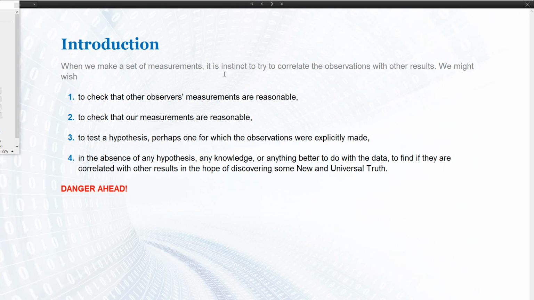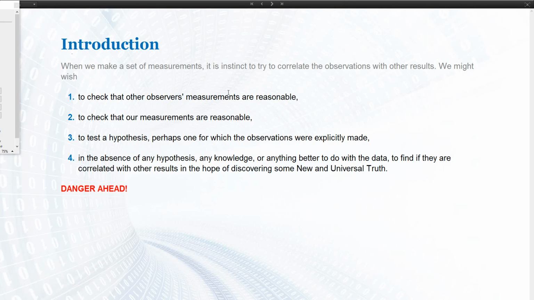The point is, we are always looking for correlations, whether we want to or not. Your whole brain is trained and specialized to find correlations. That's all it does, 24 hours a day. And it will find something.